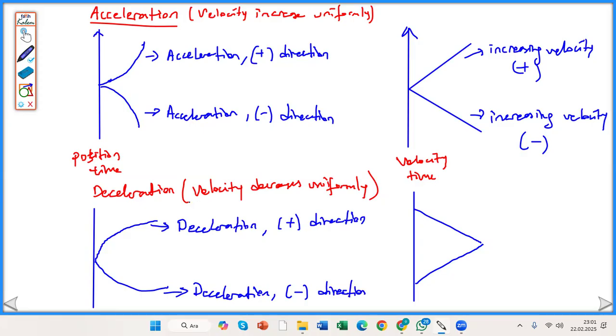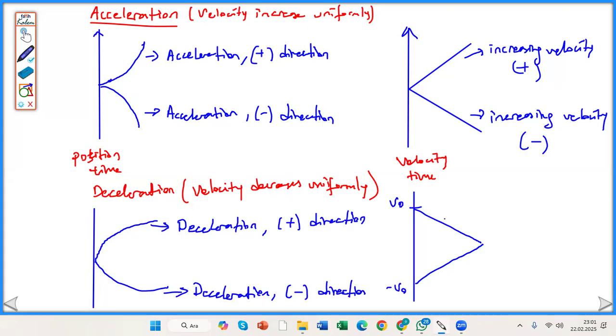As you can realize, if there is a deceleration, it means that our initial velocity is different from zero. In other words, it has an initial velocity, and then it decreases uniformly.